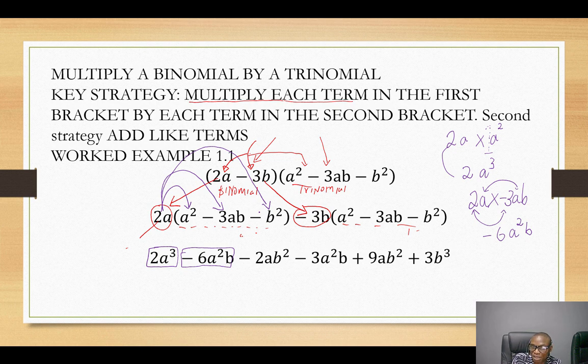So the answer is going to be negative. How much is 2a times negative b squared? So it's going to be negative 2a b squared, which is this one here.